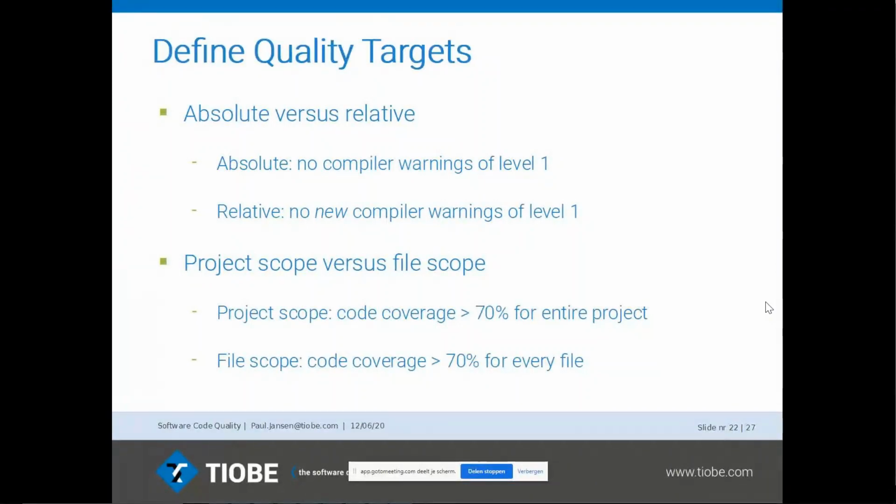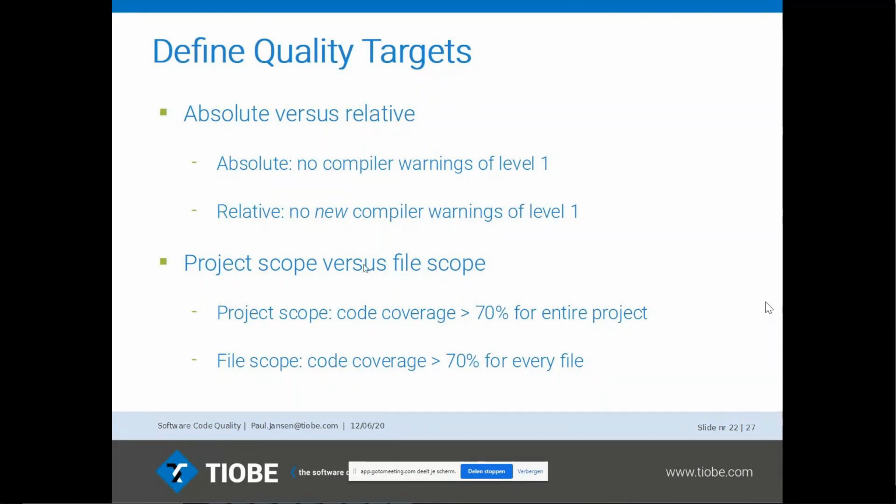So it could be that you compare against the previous release, or you're comparing against the start of your sprint, or against the last baseline. That's something you, of course, have to define, but that's a relative target. So there's a difference between absolute and relative targets. And we will see in some cases absolute is better, in some cases relative is better.